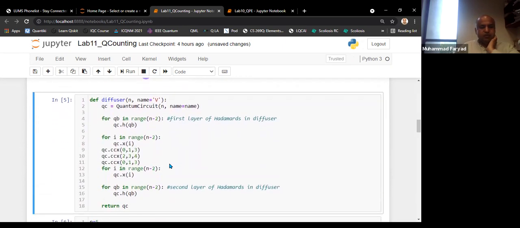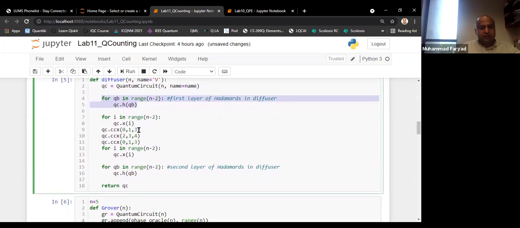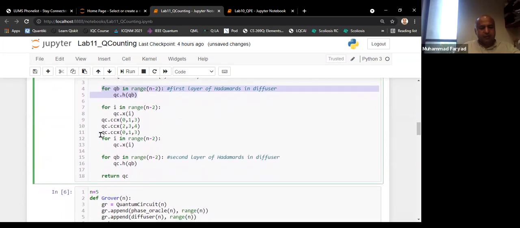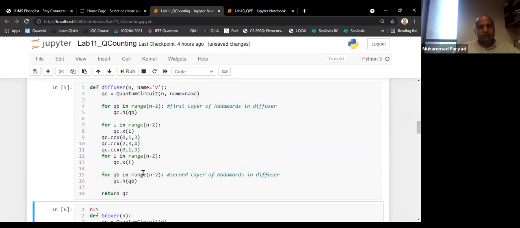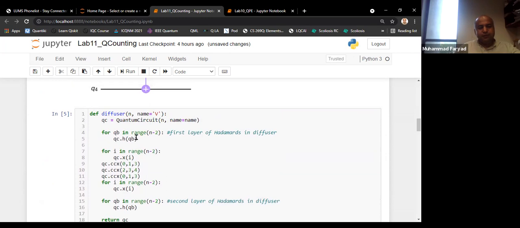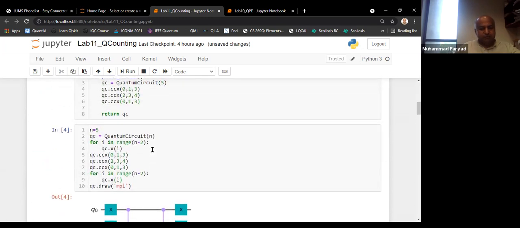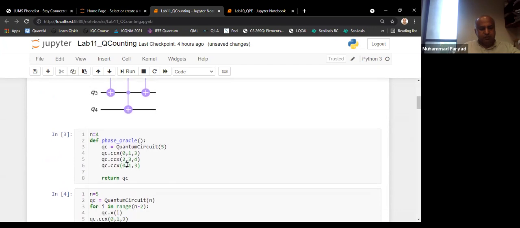So this is done, and now you see that I can construct a diffuser by having Hadamards, and then these X gates, and then these 3 Toffoli gates, and then X gates, and then a series of Hadamards. I'm enclosing it in a function, and I'm giving it the name V. Do we have a name for this one as well? Phase oracle? No.